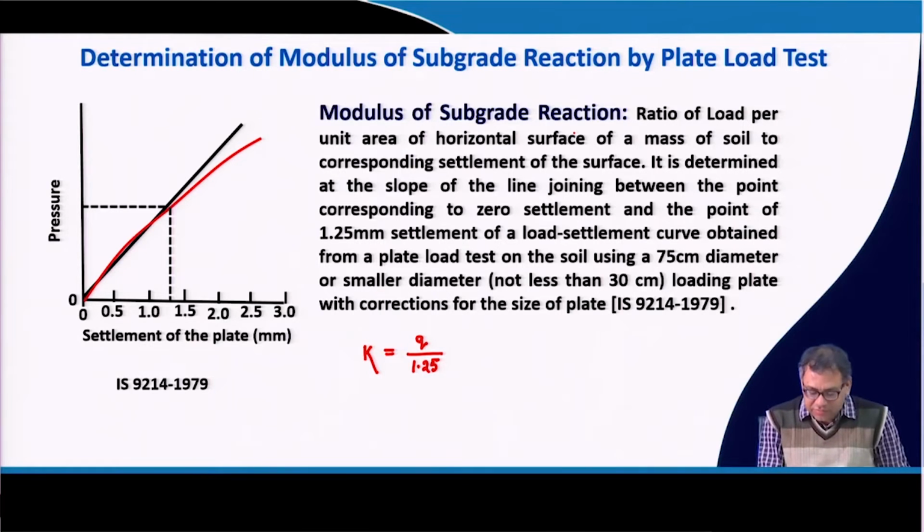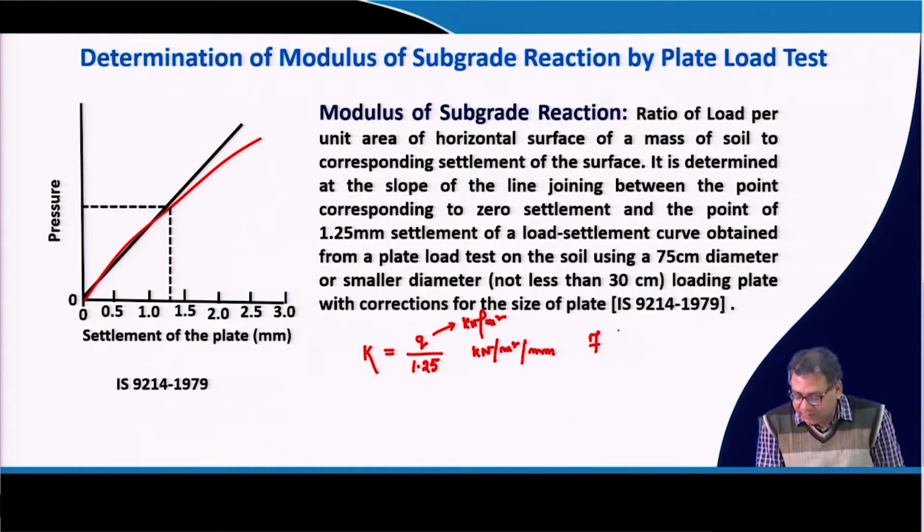So, if your stress is in kilonewton per meter square, then the unit of K will be kilonewton per meter square per meter. Or if your Q is in kg per centimeter square, then as per this definition, K will be Q divided by 0.125, in centimeter.